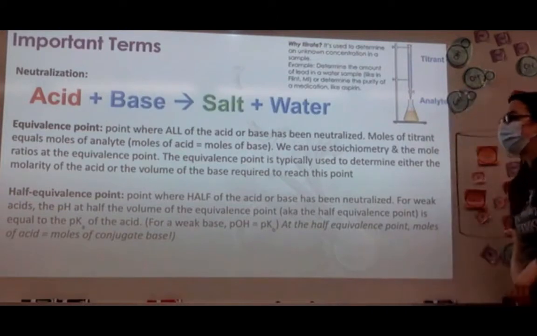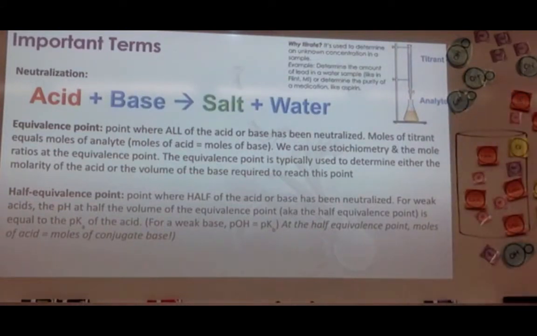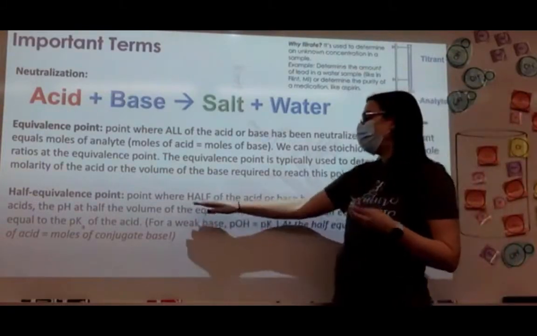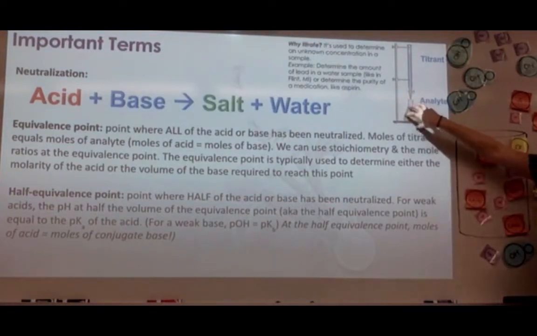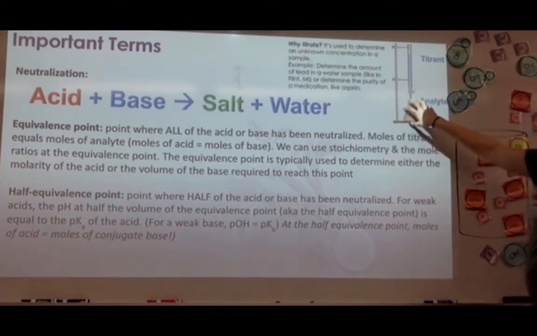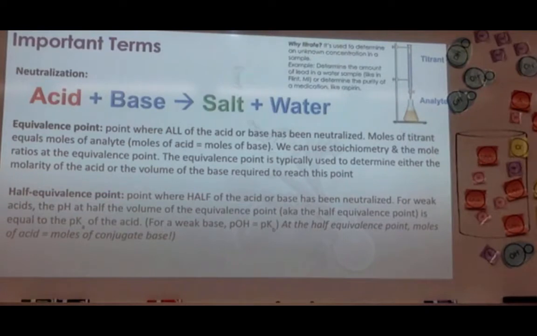Half equivalence point. So this is important where we're looking at weak acids or weak bases. The half equivalence point is the point where half of the acid or base has been neutralized. So when we have a weak acid in this container, the half equivalence point is when half of this weak acid has been neutralized.